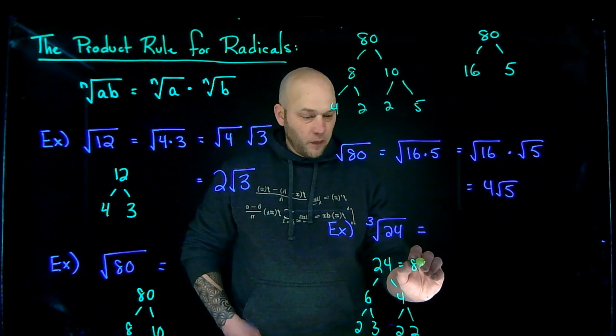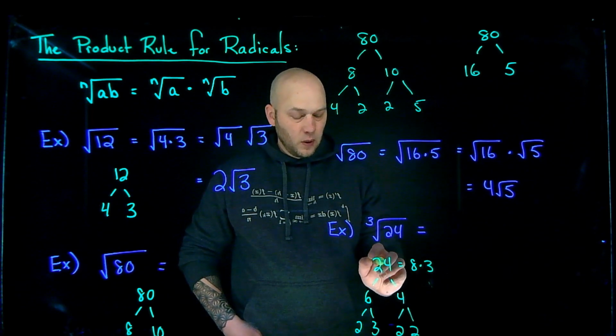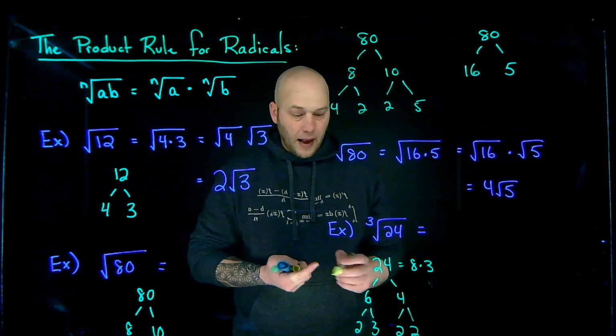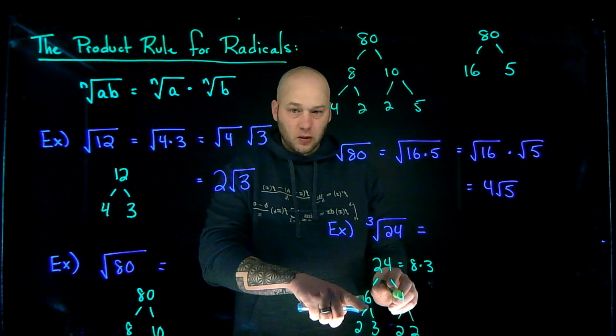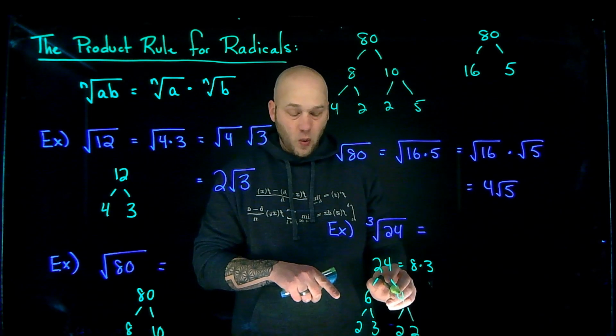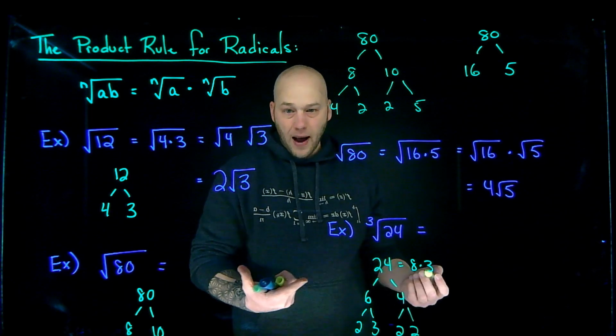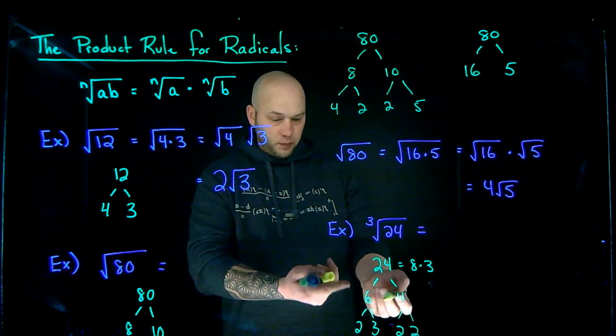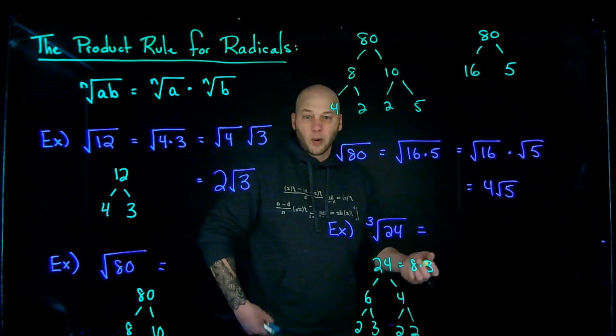Now remember, if I was breaking this into a different factorization, like if I was doing the square root of 24, I would look for, say, 4 and 6 as far as I would go, because 4 is a perfect square, 6 has no perfect square factors, and I can't take anything from 6 and combine it with the 4 to, again, get a perfect square.